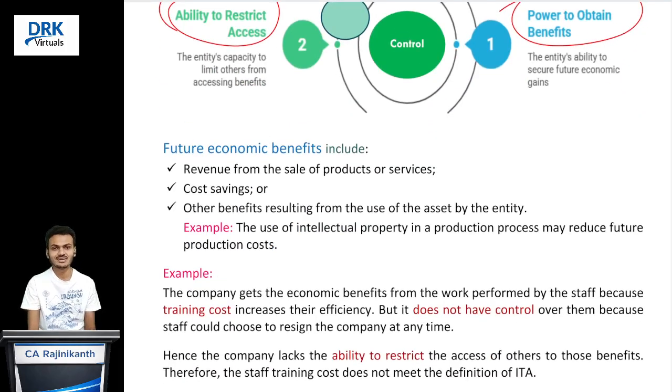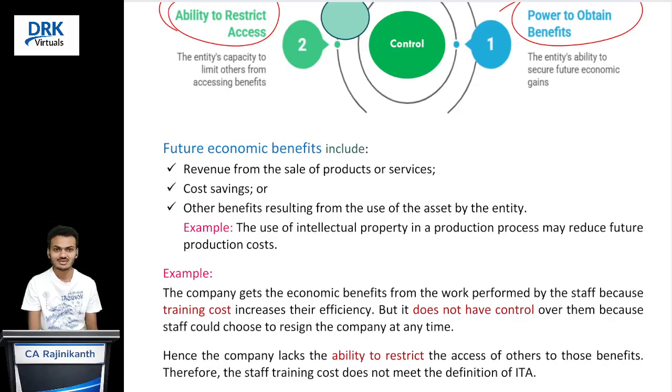Suppose generally companies provide staff training, correct? Companies provide training programs to their employees in order to increase their efficiency. Thereby the company gets the economic benefits, right? So in this story, definitely the company incurs staff training cost. The question is, can we recognize that staff training cost as an asset?